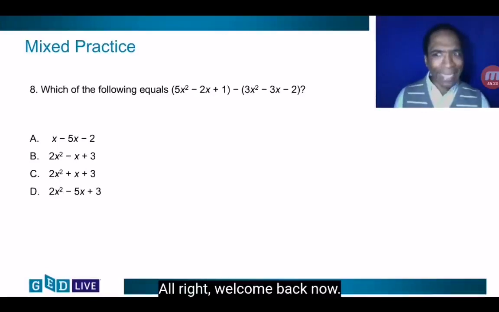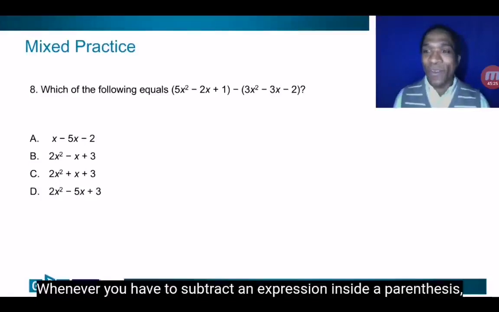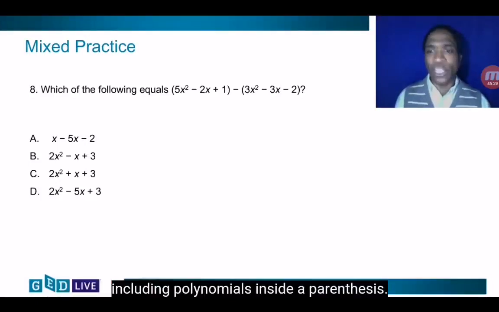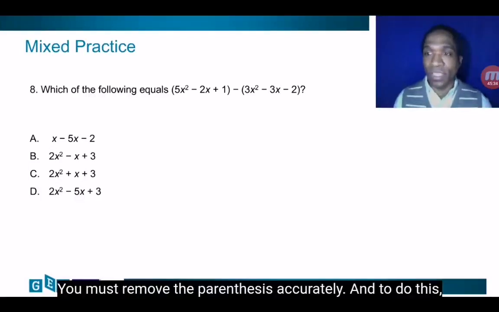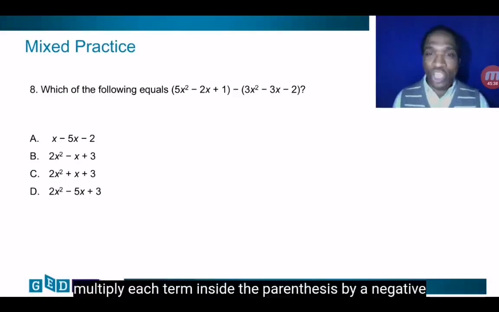All right, welcome back. Now, whenever you have to subtract an expression inside of parentheses, including polynomials inside of parentheses, you must remove the parentheses accurately. And to do this, multiply each term inside of the parentheses by a -1.